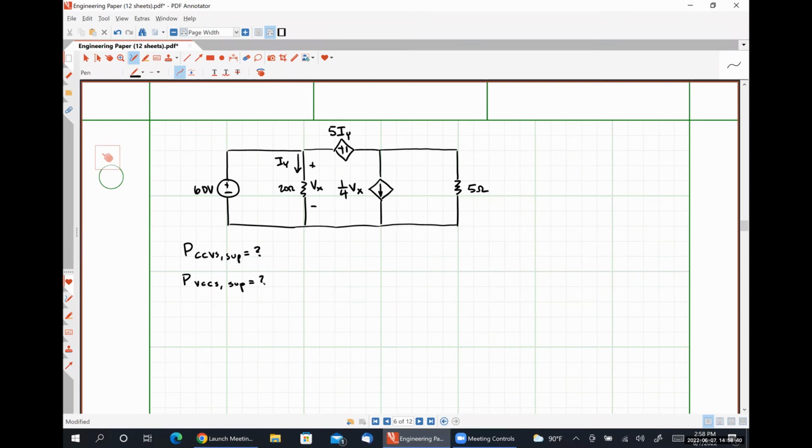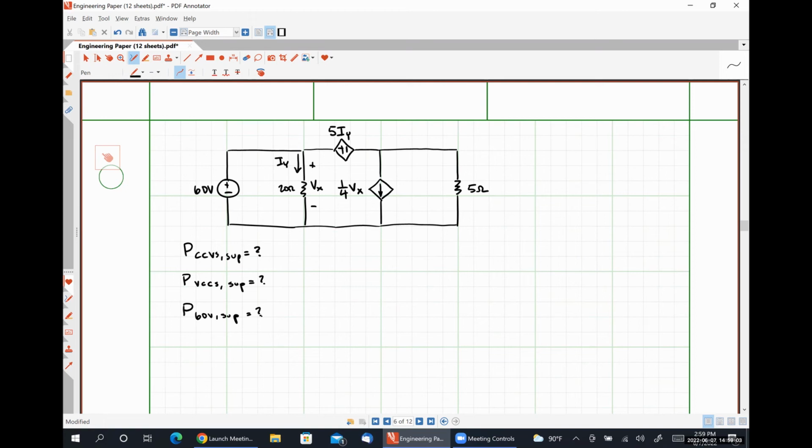So let's also figure out the power supplied by our 60-volt voltage source.